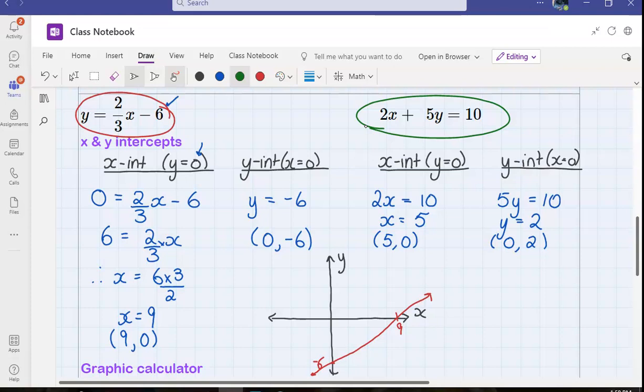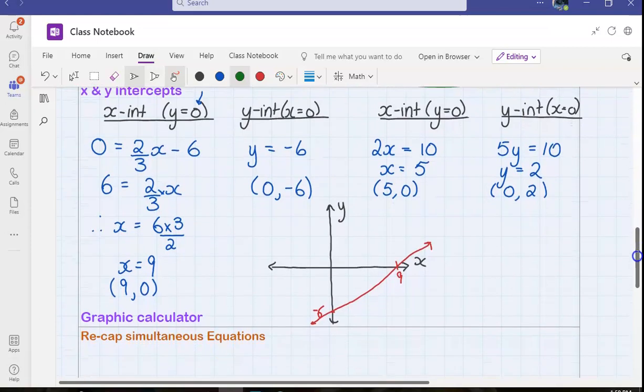So trust me when I say this will be the best one that you need to do. So again, here's 5, 0, 2, and we connect. And you do it with a straight line. Happy? Right, now we want to check on our calculators. So to the calculators.